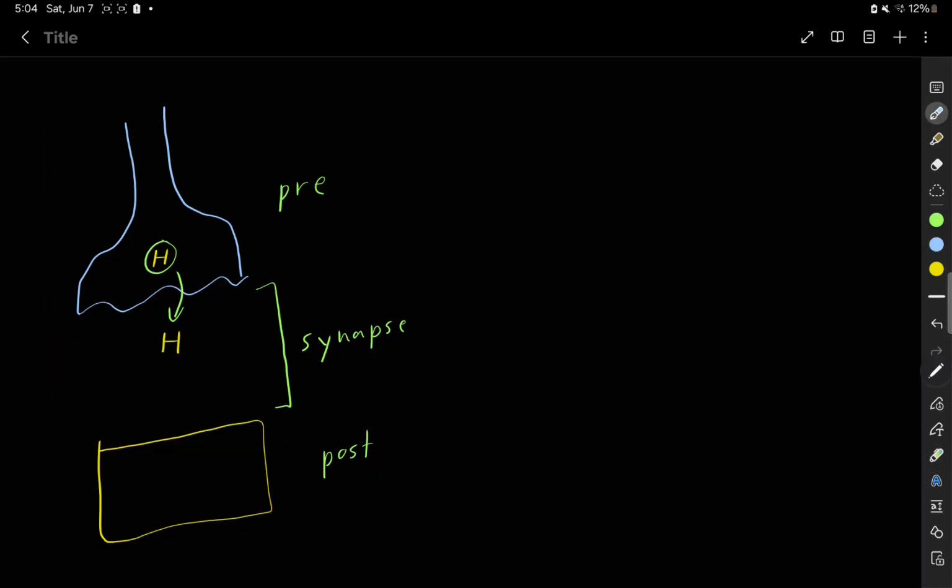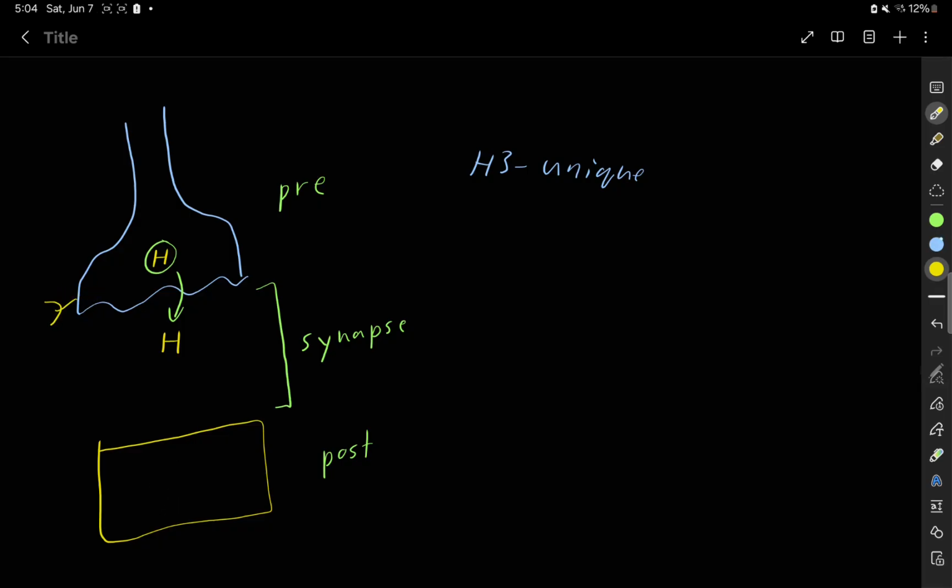Now, most of the time, receptors will be found on postsynaptic tissues, and histamine can go and bind onto these receptors to produce responses. But H3 receptors are unique in that they are found not on your postsynaptic tissues, but instead on your presynaptic tissues.